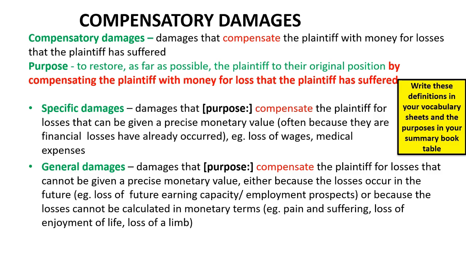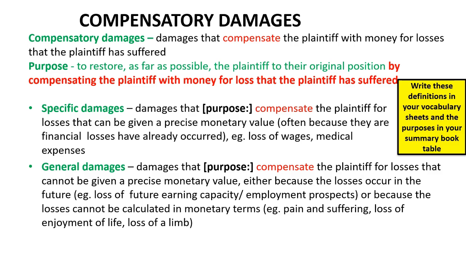However, we don't know exactly how much money the plaintiff has lost through not being able to play professional rugby. This is because this loss of income occurs in the future, so we can only estimate what that loss is likely to be. And that estimate will have to be based on assumptions, such as assumptions about the plaintiff's rugby playing skills, the pay that the plaintiff would have received as a rugby player, and the length of time for which the plaintiff would have played rugby.